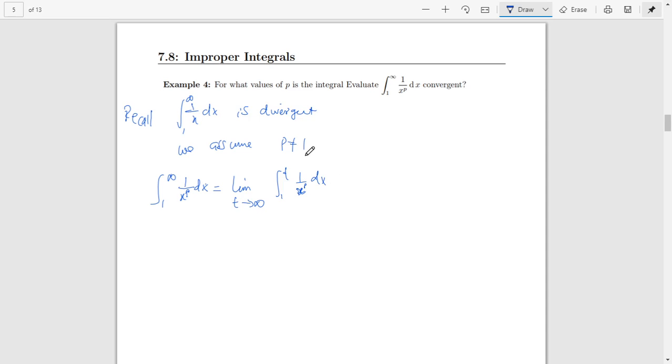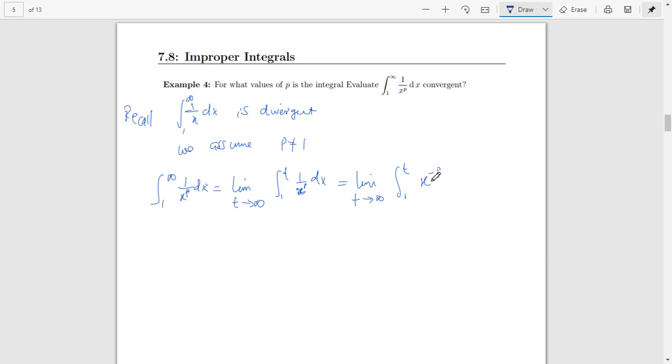Since p is not equal to 1, we can write this as the limit as t tends towards infinity of the integral of x to the negative p.